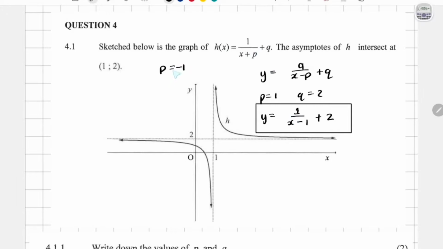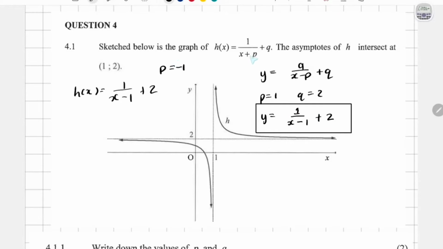If we substituted their p value here, h of x is equal to 1 over x, and then you have plus p. But now we know p is -1, so that's plus -1, which really just becomes a -1, and then plus 2. There, it matches up with the equation we got from the original one.